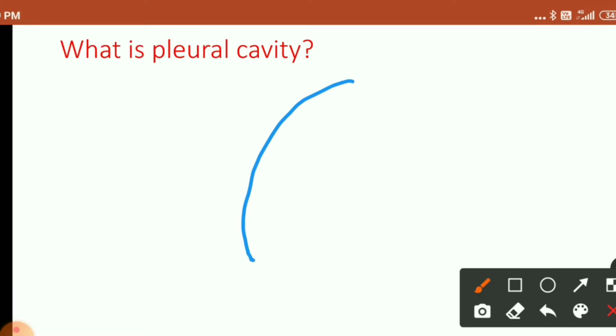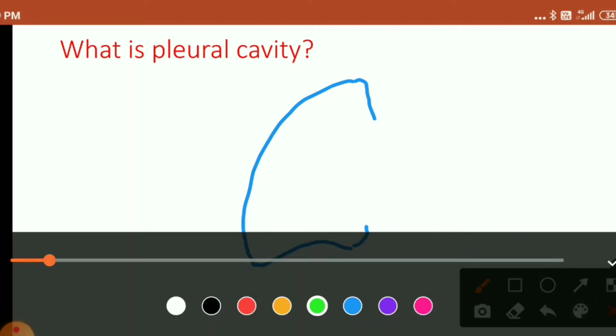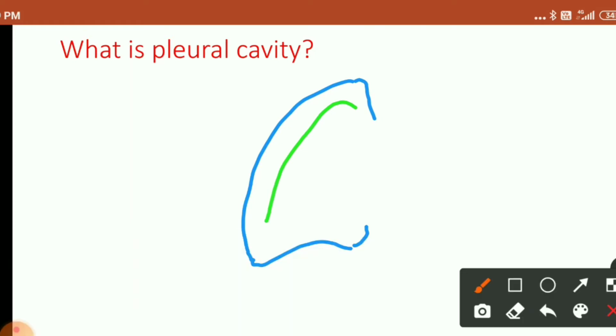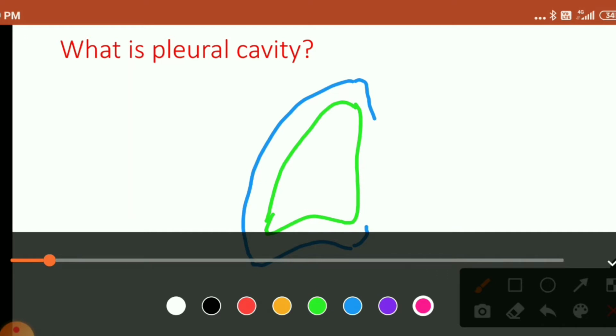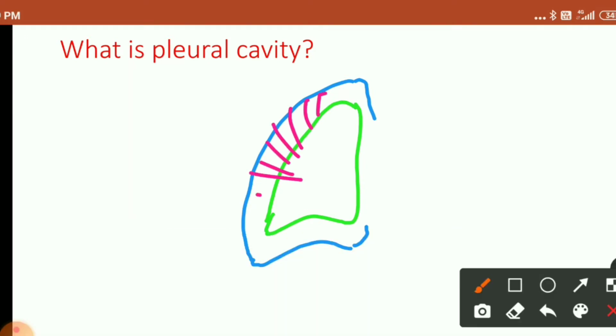For example, the blue line that I am drawing right here, suppose this is the parietal pleura, and the green line that I am drawing here, suppose this is visceral pleura. Between the blue and the green line, you can see potential space, which I am drawing in pink. This potential space is called the pleural cavity.